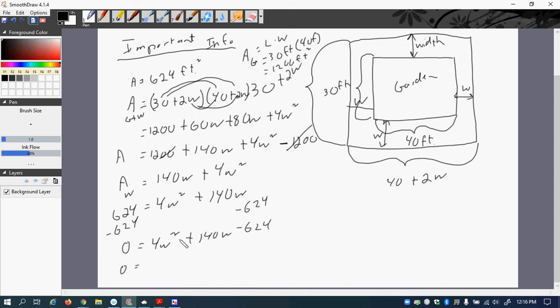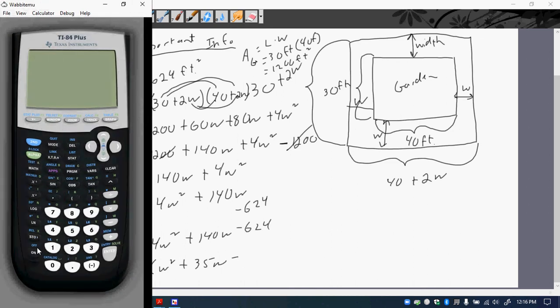And I just don't like putting large numbers in my quadratic formula, so sometimes I try to factor out and see if I can. If I factor out a 4, I get W squared plus, and 4 goes into 140 35 times, minus, and then for 624, if I divide by 4, I get 156.